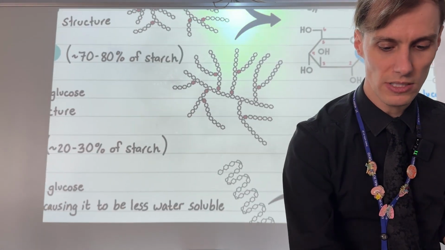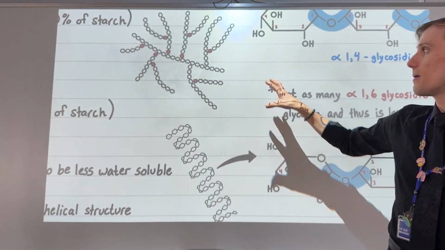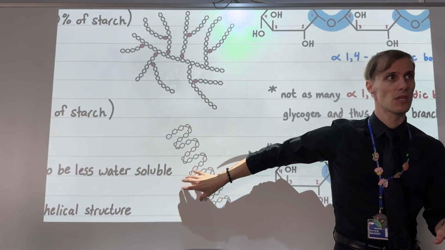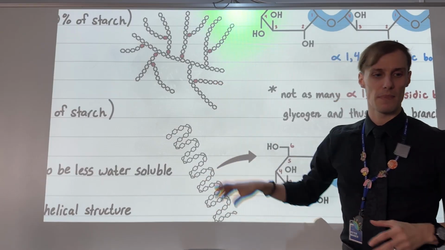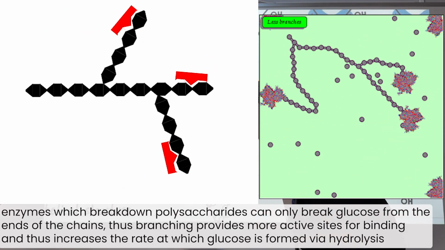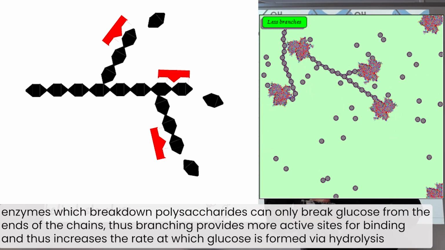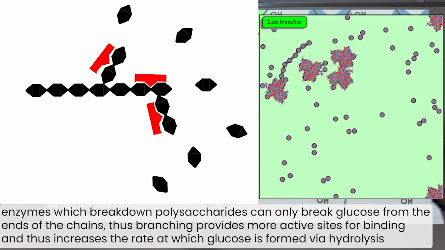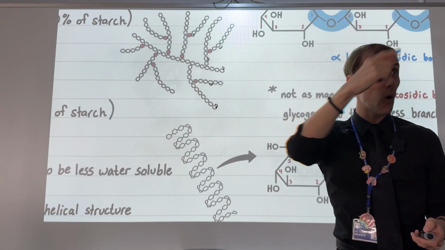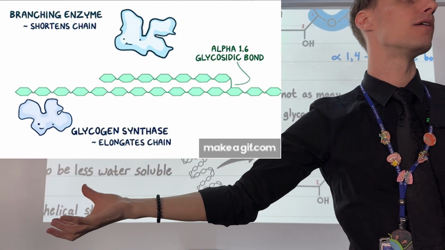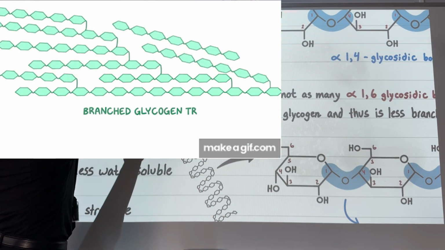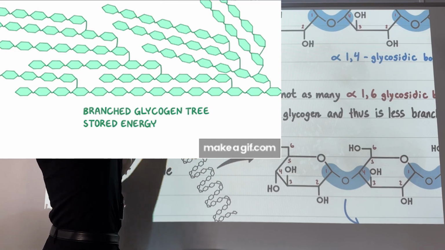Look at the physical difference again in space between a branched versus an unbranched structure. By having a branched structure, that means that an enzyme can attach here or here or here or here. There are so many different possible active sites for enzymes to either break pieces off or to add pieces on. It's very easy. I can build off of here, here, here, here.